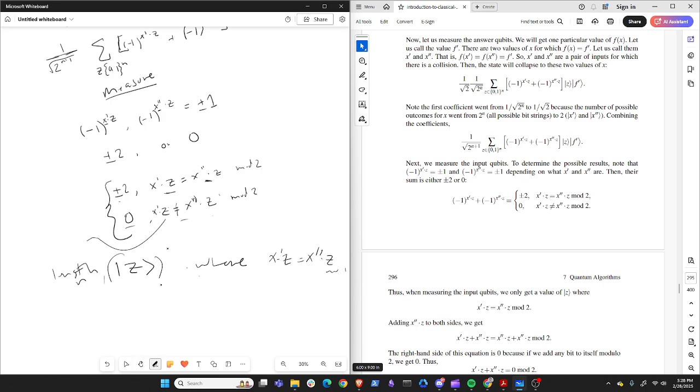And if we add x prime dot product z to both sides, we get x prime dot product z plus x double prime dot product z mod 2.